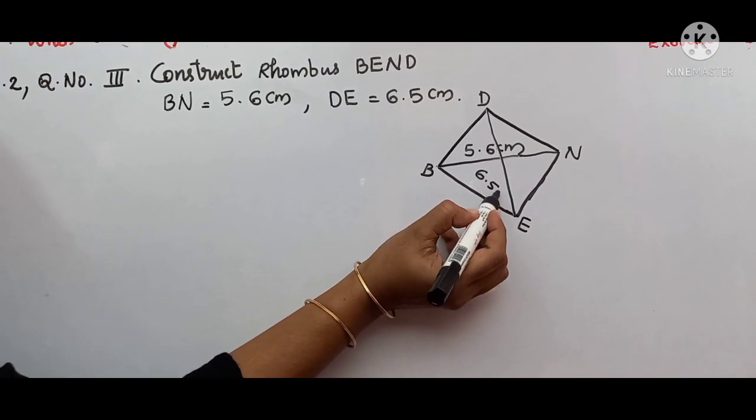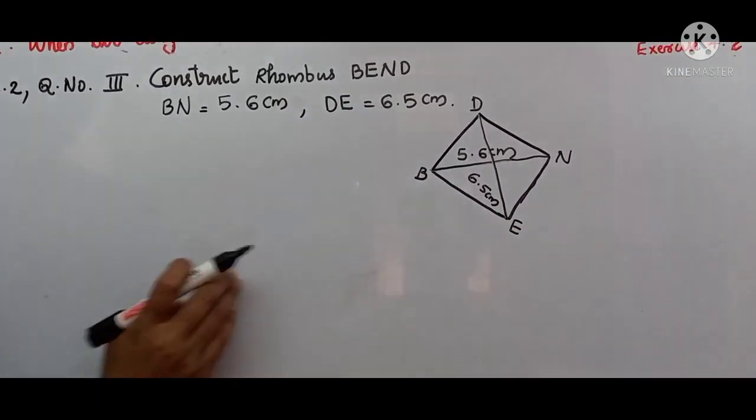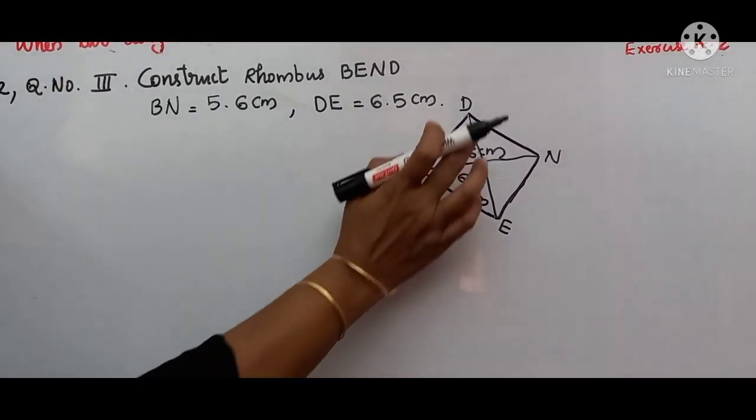Here these two diagonals are given and the sides are not given. We don't need the sides, these two diagonals are enough.